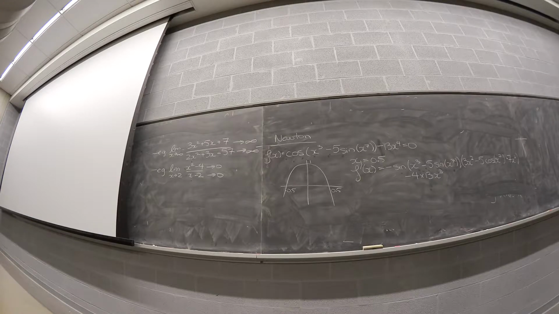Okay, derivative. Minus sine. Just keep yourselves busy. Minus 5 times sine x to the 7, times 3x squared. And you're going, how is this easy? Minus 5 times cos, times... I'm done.